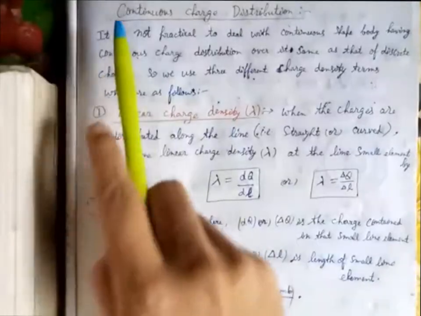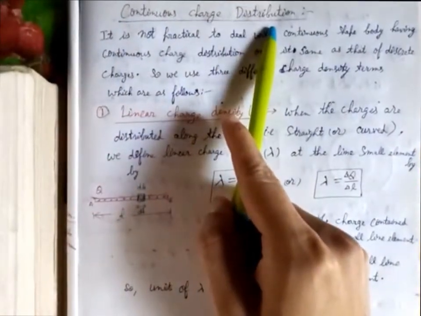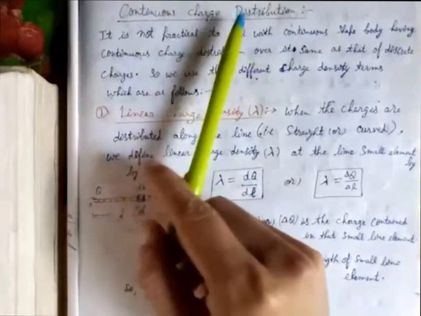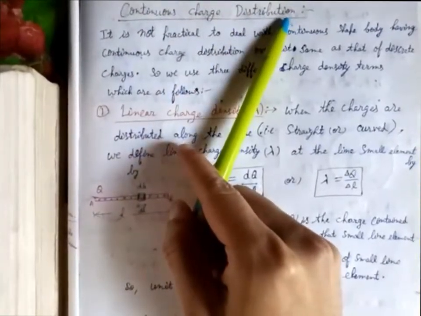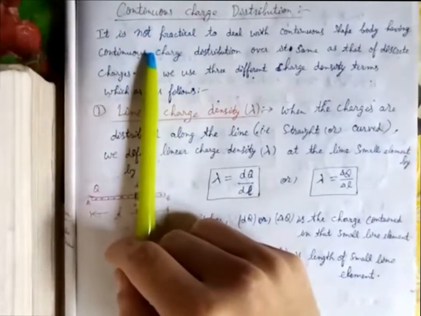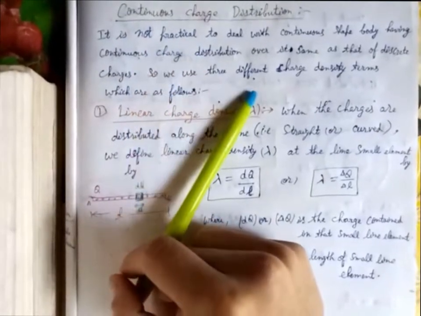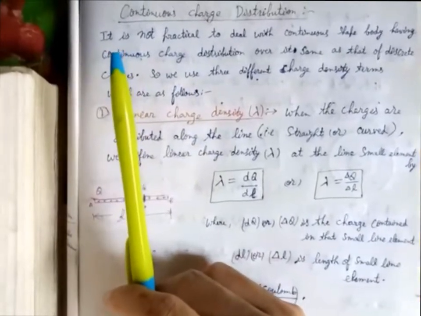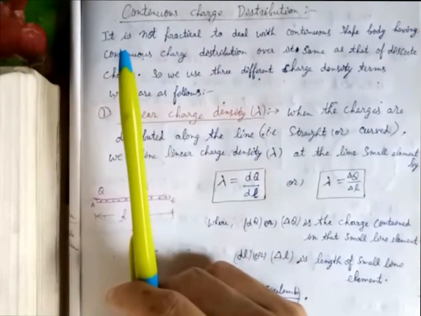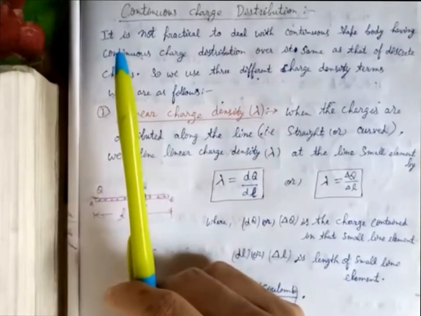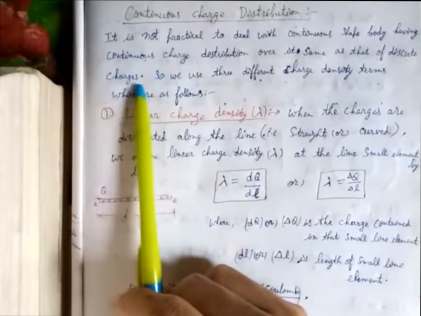Next topic is continuous charge distribution. So what is the need to study this topic, continuous charge distribution? As we know, till now we have studied discrete charges, or the charges which are present in the form of point charges, scattered in discrete form in space.